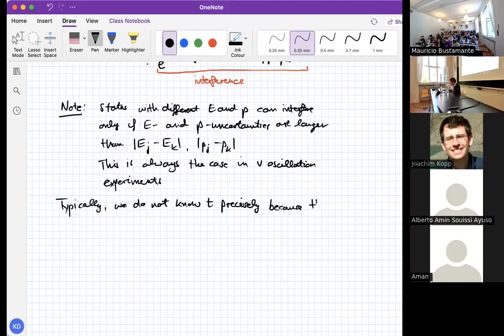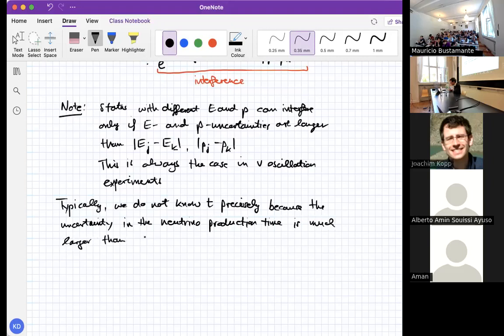Because the uncertainty in the neutrino production time is much larger than, well, the inverse of EJ minus EK.